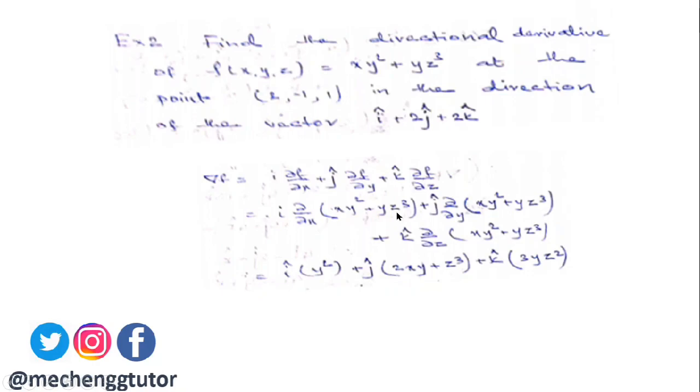You are differentiating with respect to x. j into, it is 2xy plus z cube. And third term, k into, when you are differentiating with respect to z, first term becomes 0. So 3yz square. So I calculated first step del f.